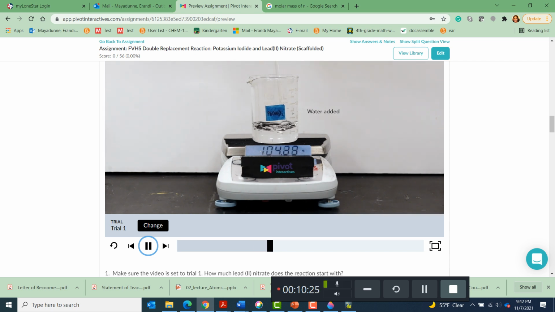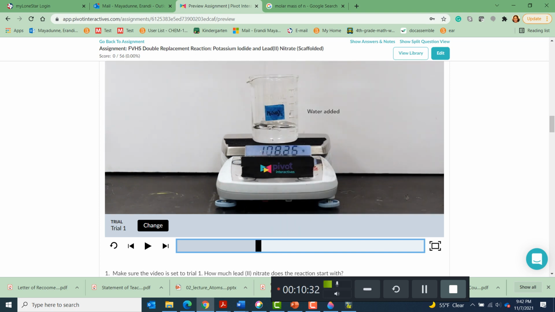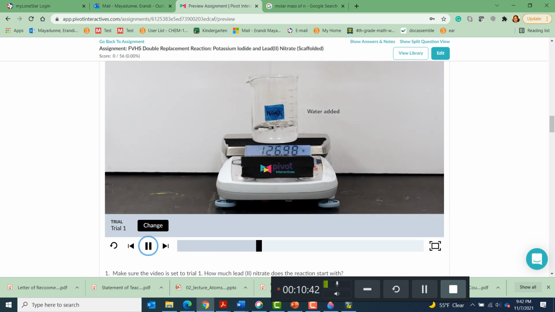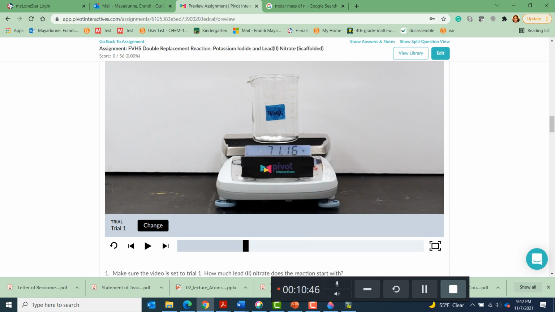Here is another trick. Before water, you need to add the mass of lead nitrate. Okay, 71.16. So they ask for the mass of the lead nitrate.